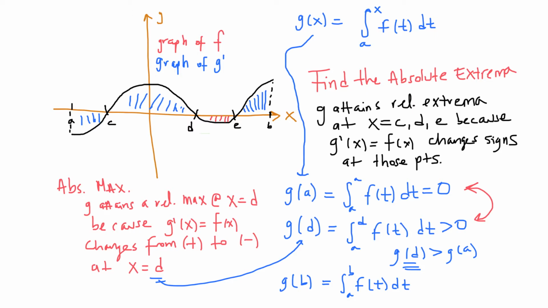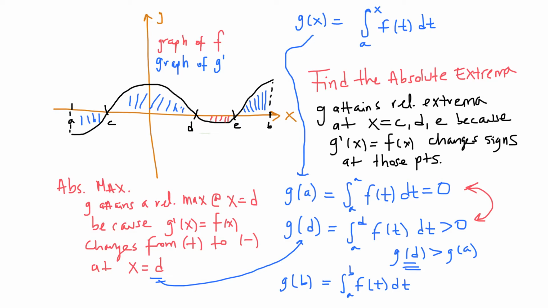So then overall, wouldn't you say that the area that I lose is not that much compared to the area that I've gained after D? So then if I consider the entire area from A to B, wouldn't this area be more than just A to D?